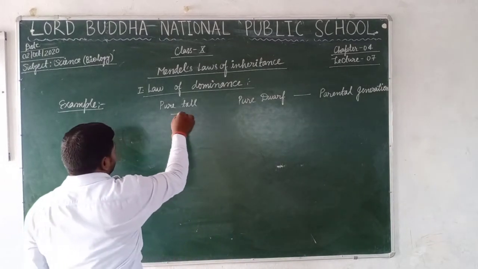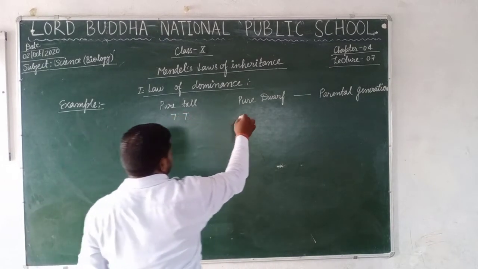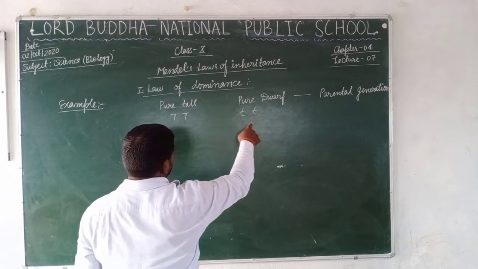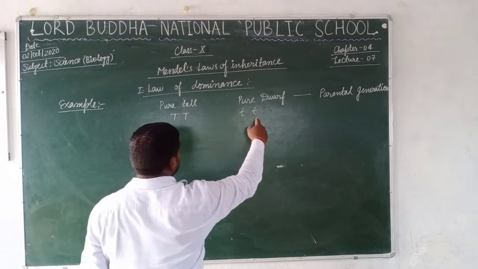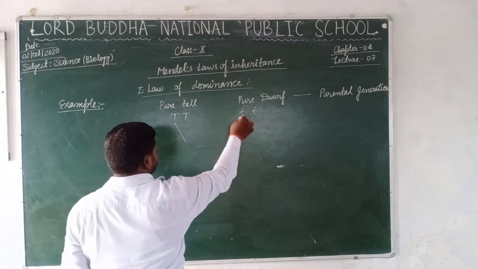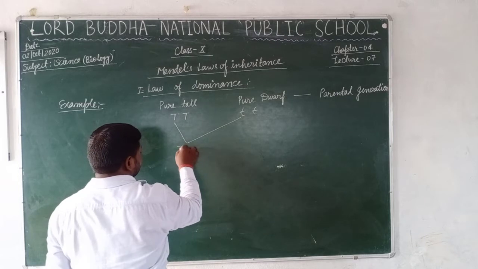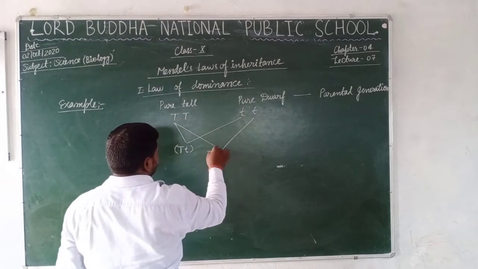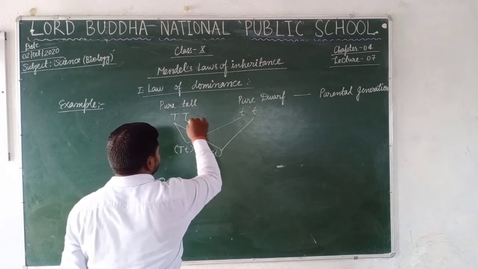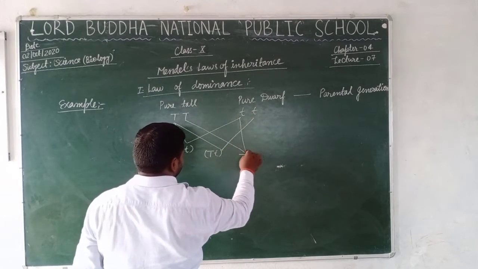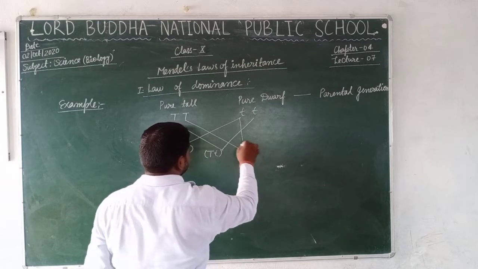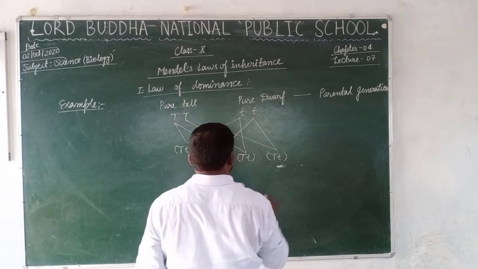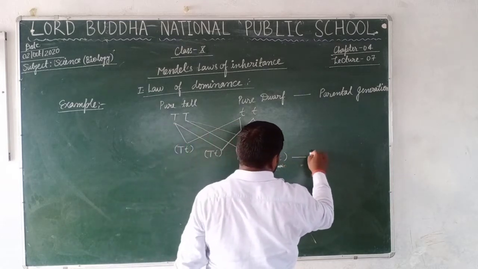Okay students, now I am selecting their traits: capital T for pure tall and small t for pure dwarf. In the F1 generation, we obtain the result capital T small t, capital T small t, capital T small t, capital T small t.